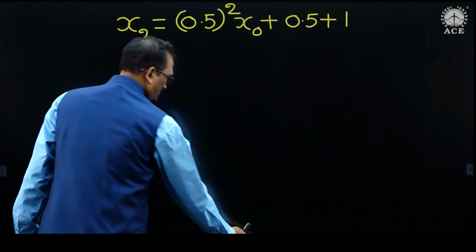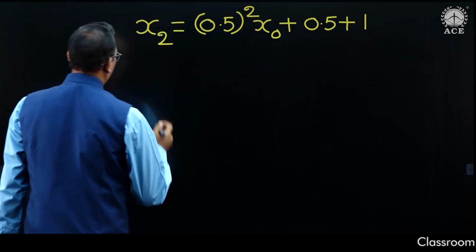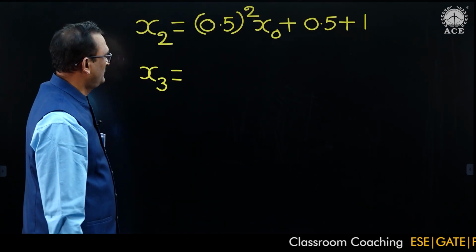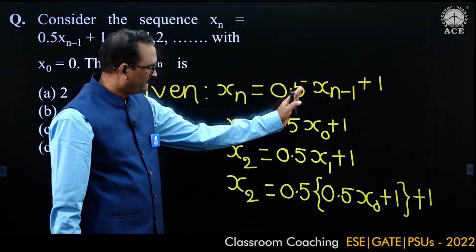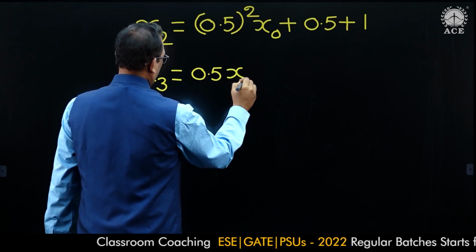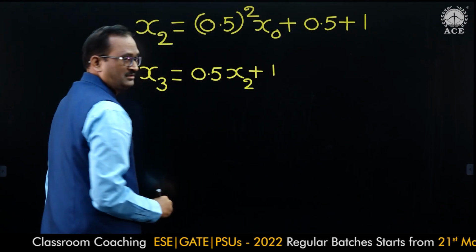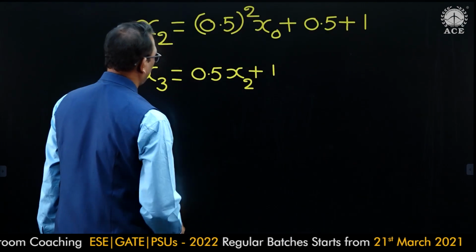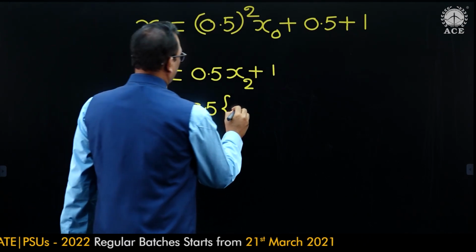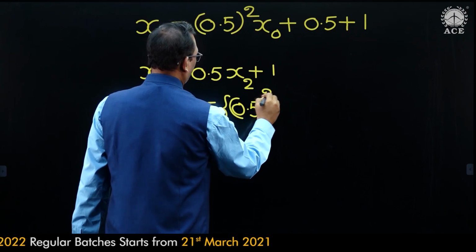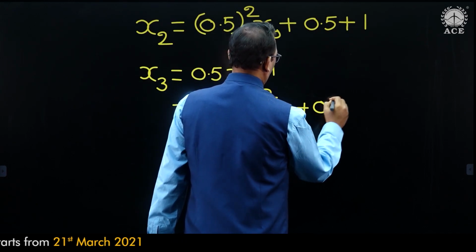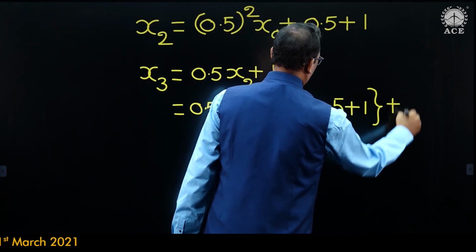Now let us find x3 also. x3 is equal to 0.5 into x2 plus 1, this is equal to 0.5 times x2, where x2 is 0.5 whole square x0 plus 0.5 plus 1, whole bracket plus 1.